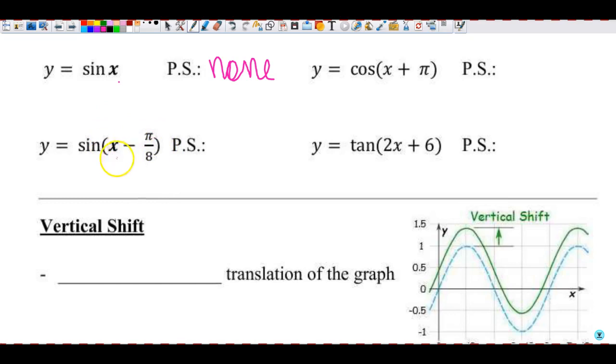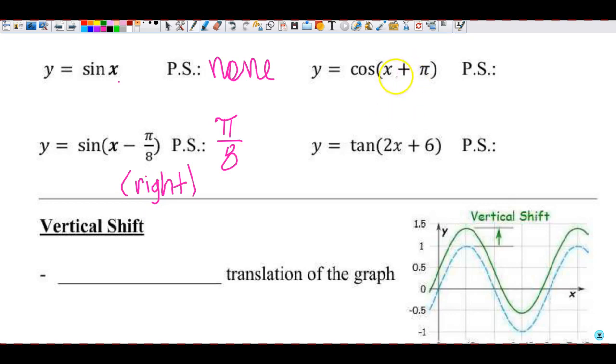If there is, we have to take that into account. But you also have to remember that it is x minus c. Remember, whatever's happening with x, x is the liar. It's always the opposite. So since it looks like a minus, it's actually a positive pi eighths. And since it's positive, that tells you that you go to the right. Okay, so your phase shift is a positive pi eighths.